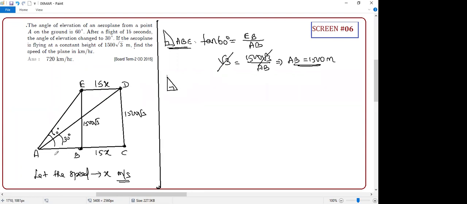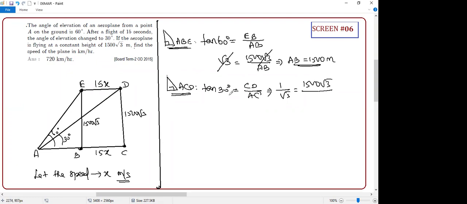Next triangle is what? ACD. Tan which degree? 30 degree. Opposite is what? CD. Adjacent? AC. Tan 30 is 1 by root 3. Guys, after doing so many problems, automatically speed will increase.